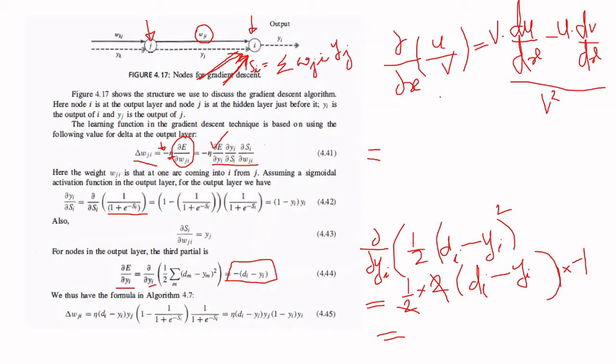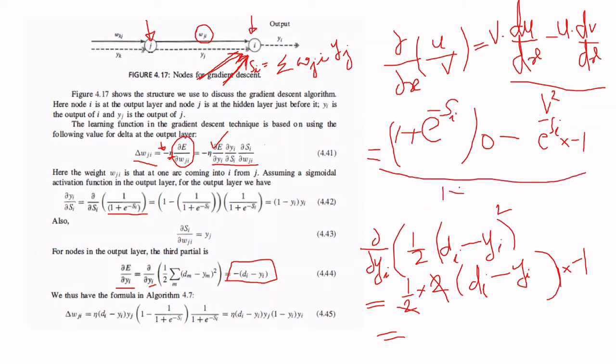So v into du by dx: the derivative of 1 is 0, minus u, that is 1, into dv by dx, the derivative of 1 plus e raised to minus s_i, which is e raised to minus s_i into minus 1, the derivative of the exponent, divided by 1 plus e raised to minus s_i the whole square.